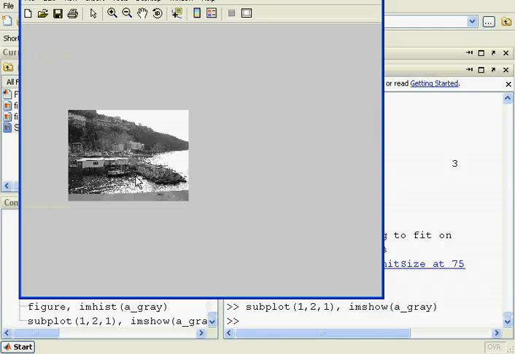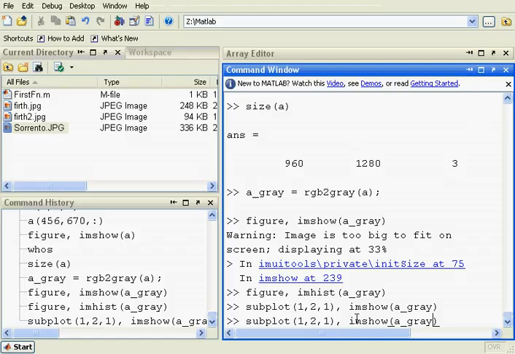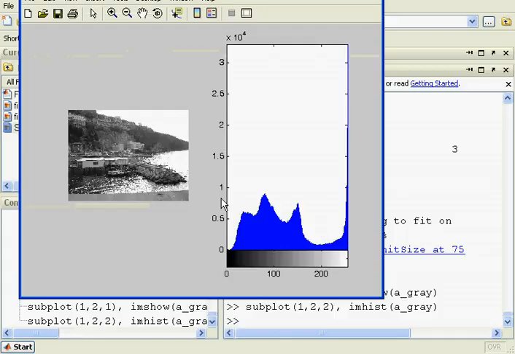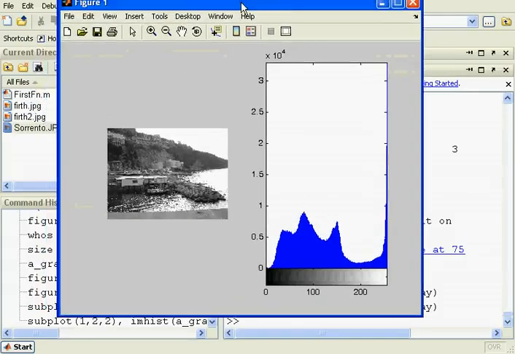We've created two placeholders, and in the first plot we've put in the grey image, and now on the right hand side I'm going to show the histogram values like so. And there we are. So what's going on here? Hopefully you can see this.